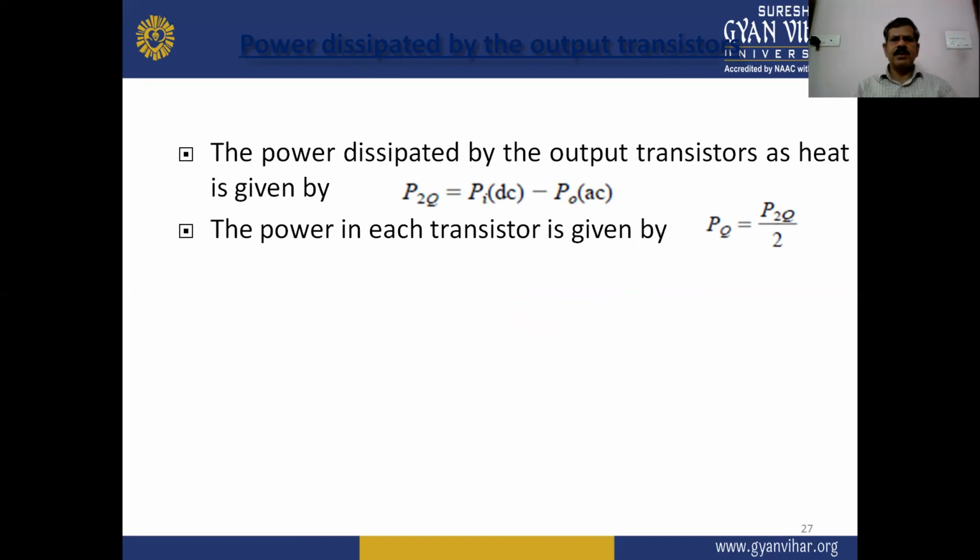The power dissipated by the output transistors as heat is given by P_2Q equal to P_i(DC) minus P_o(AC). So the power in each transistor is given by P_Q equal to P_2Q upon 2.